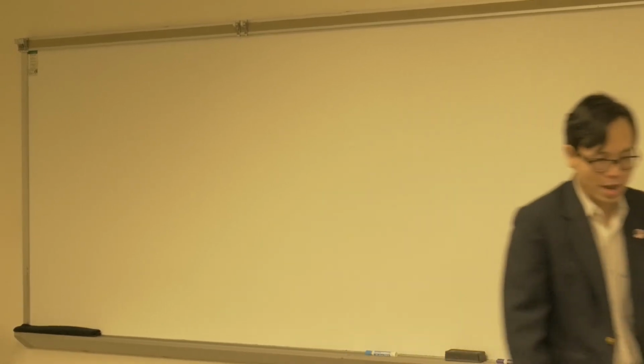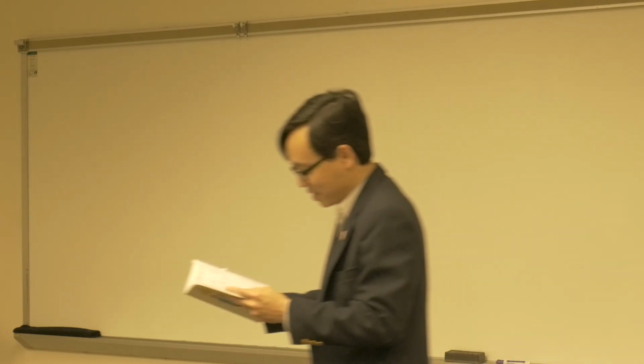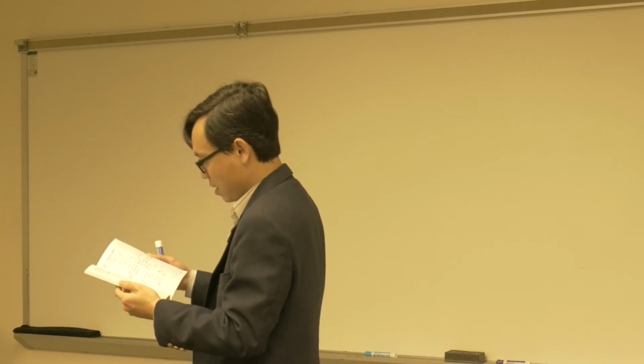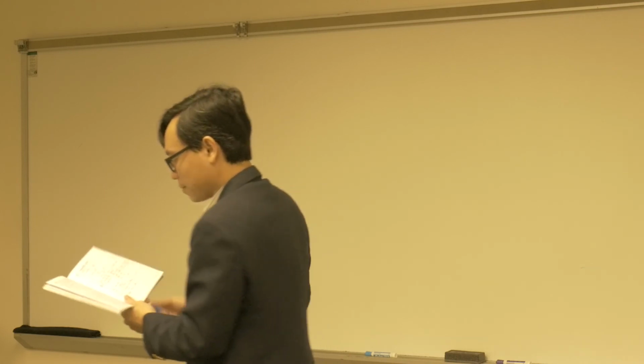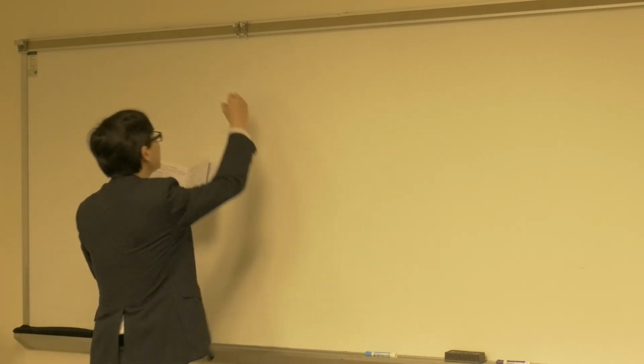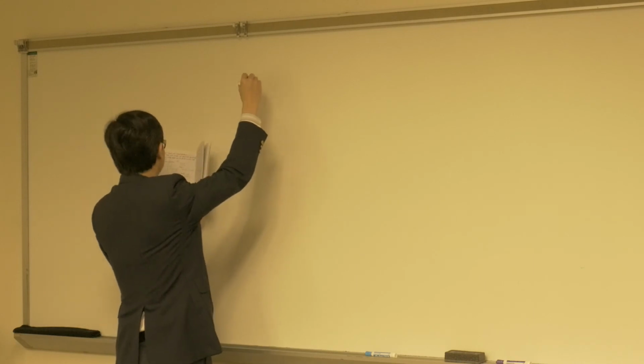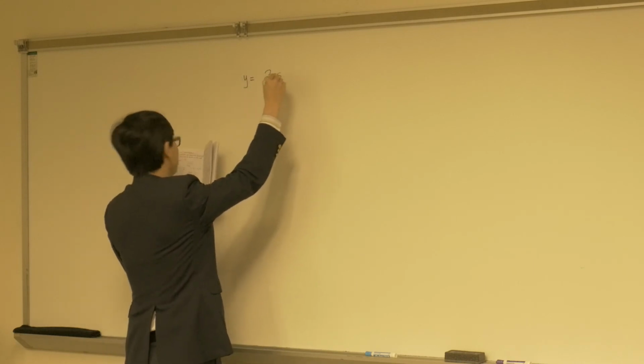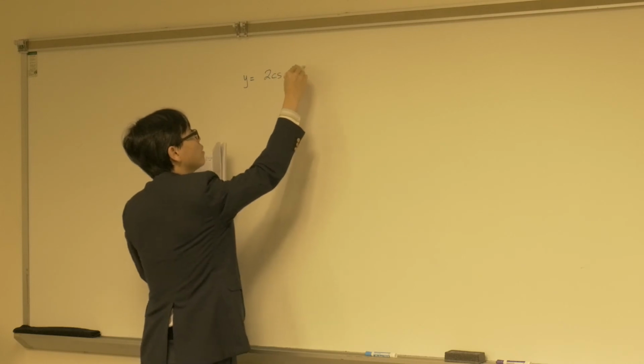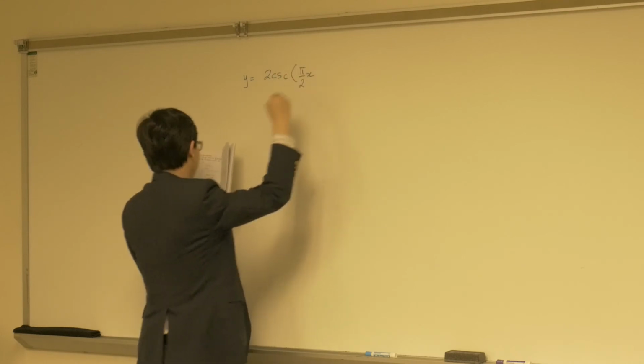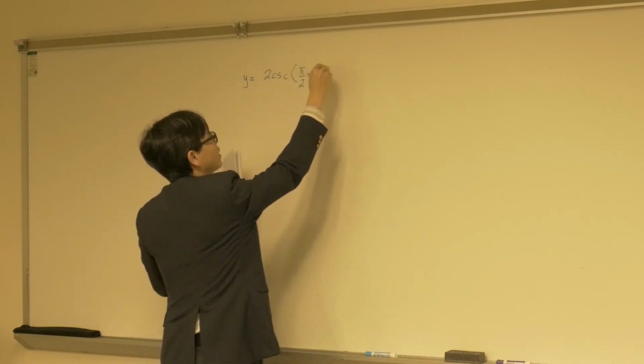I want you to go back and fix one of the examples. Actually, that example is good, the graph is good. We just need to change a little bit. On the graph, the example of the cosecant, y equals 2 cosecant of (pi over 2 x minus pi).